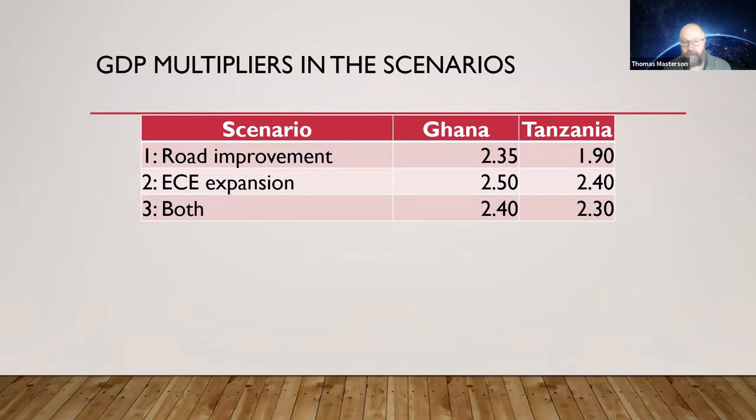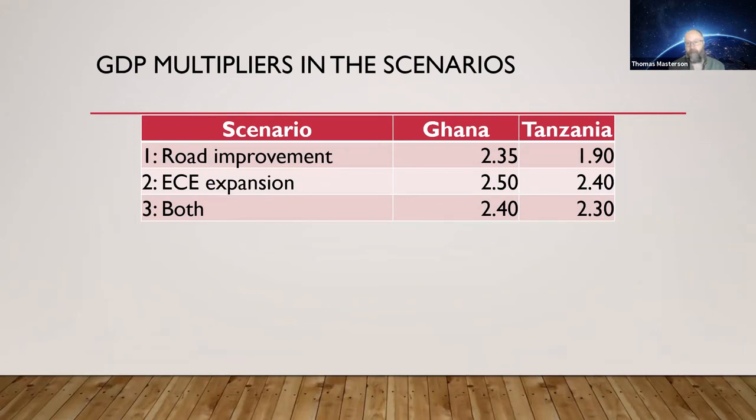For ECE expansion, the multipliers are even larger. 2.5 for Ghana, slightly larger than the roads, and 2.4 for Tanzania, which is a good chunk larger than the 1.9 for roads alone. Because the size of those interventions are smaller, the increase in GDP for each is 0.8% of GDP for Ghana and 1.6% of GDP for Tanzania.